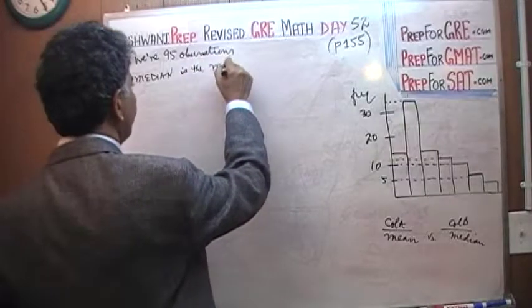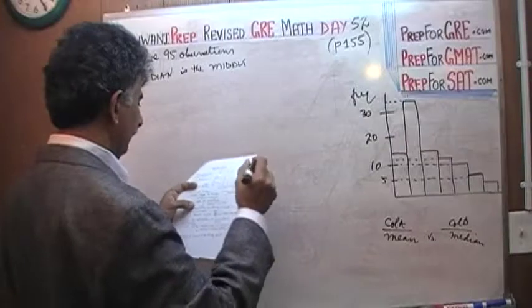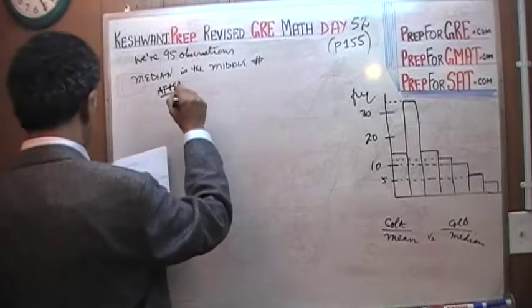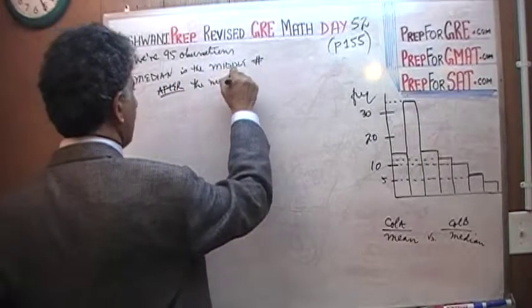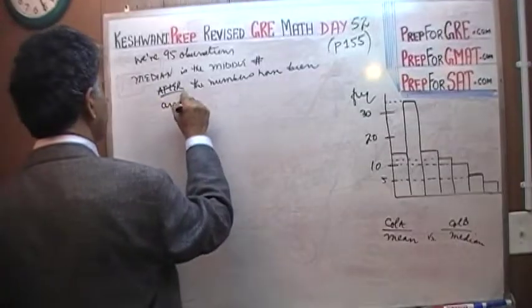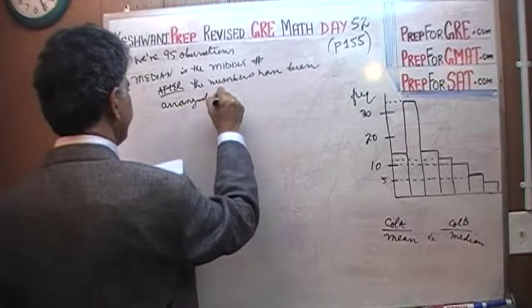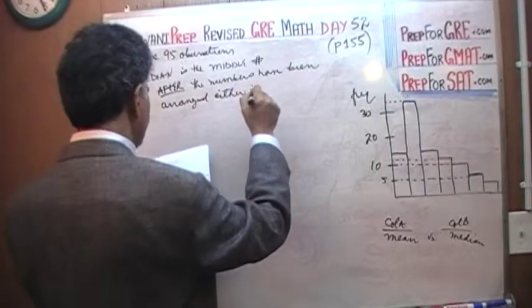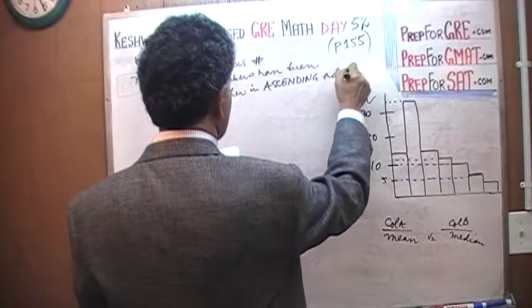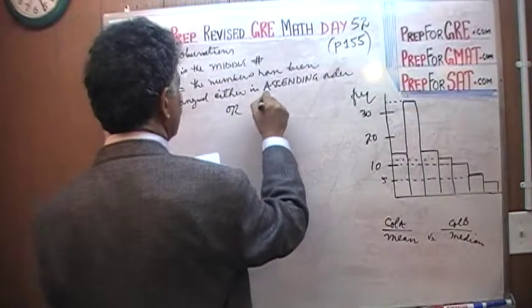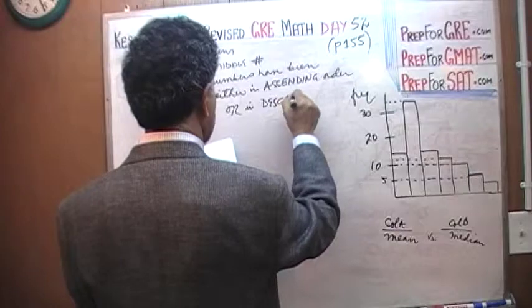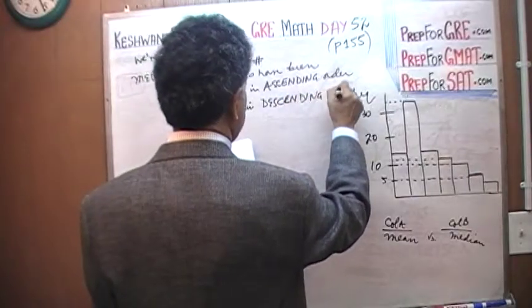is the middle number after the numbers have been arranged either in ascending order or in descending order.